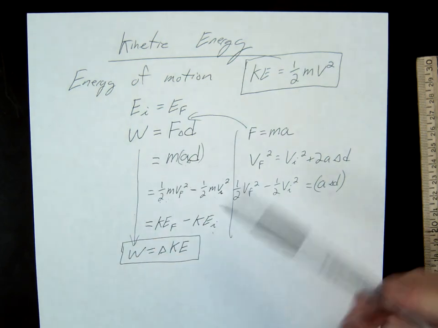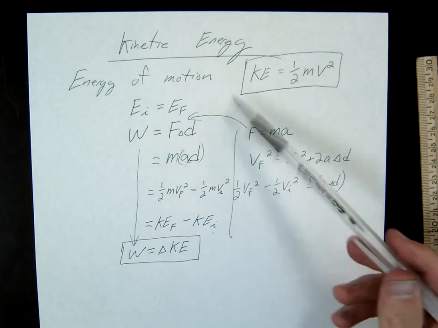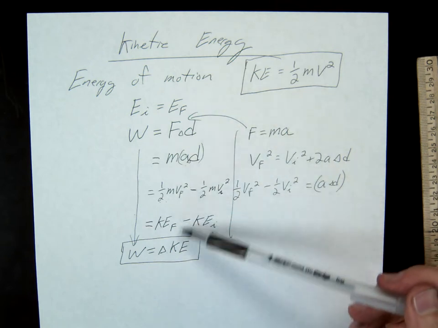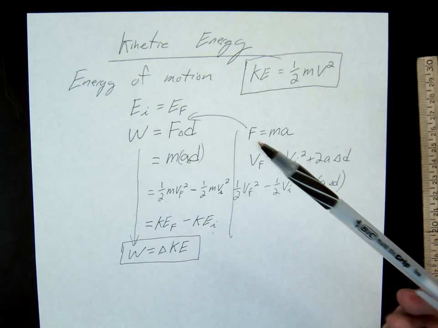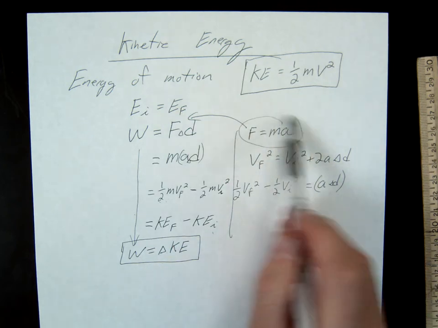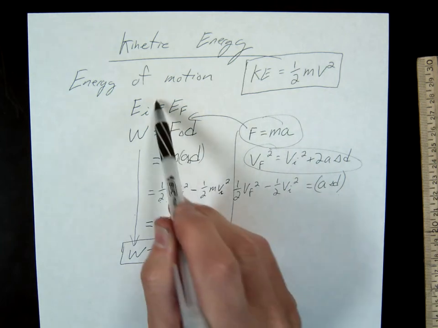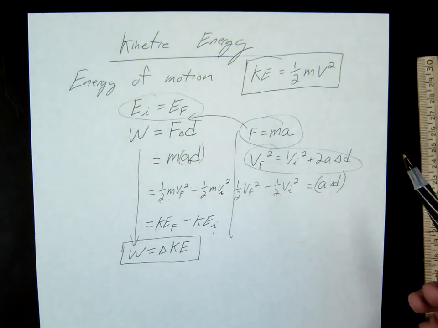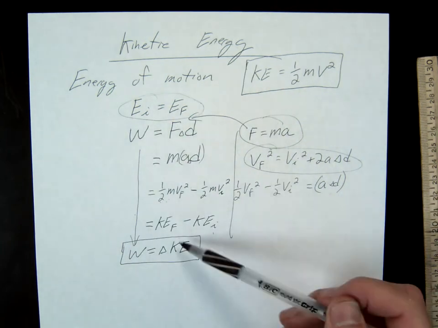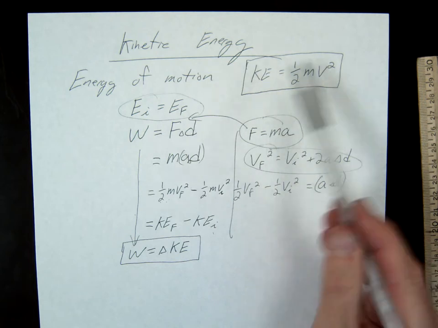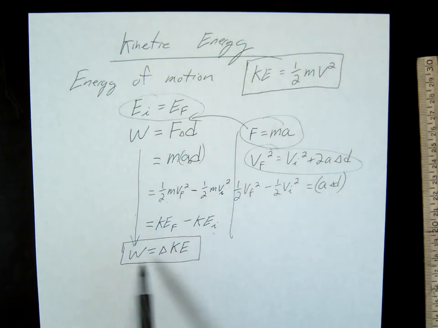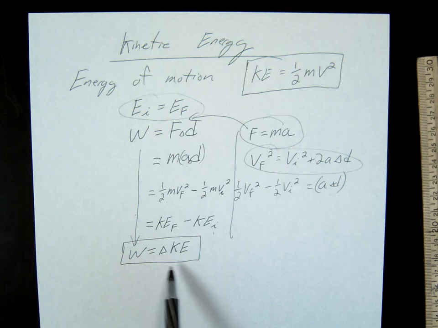Okay, now I don't expect you to necessarily memorize this derivation. I just want to show you that it's coming from somewhere, coming through from familiar concepts: F equals ma, kinematics, conservation of energy. Okay, but the two things you should know are the expression for kinetic energy, and this concept, work equals delta kinetic energy.